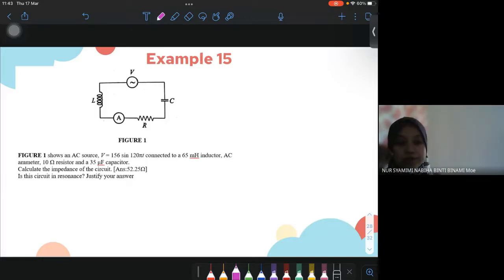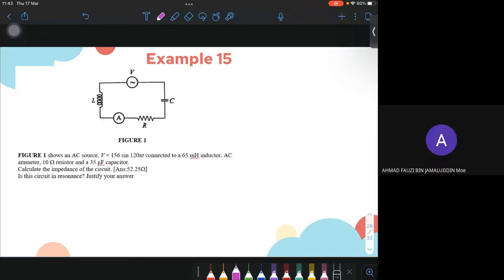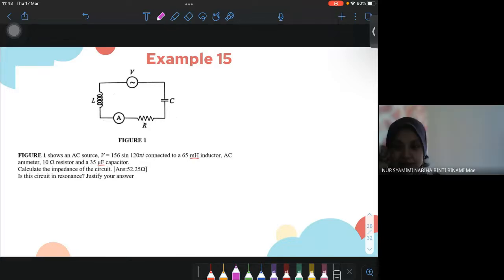Robert, boleh tolong baca soalan 15? Mr. Robert ni F05. Diorang tak dengar ke suara saya ni sebenarnya? Tiba-tiba semua orang ramai yang left. Dengar, madam. Okay. Robert, tolong baca.